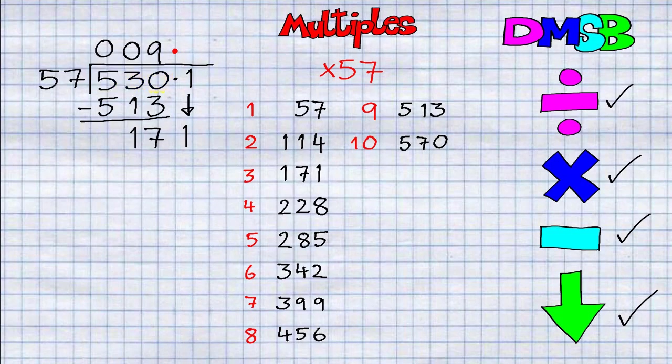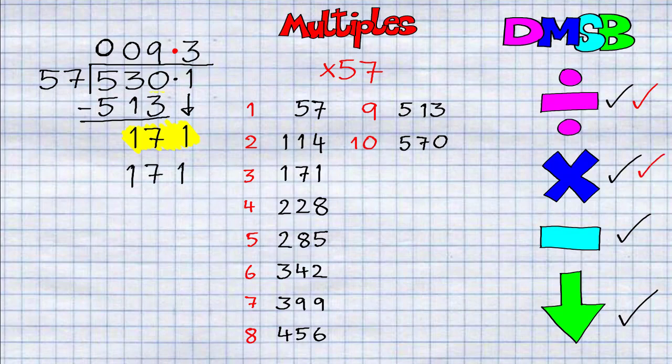So next, because we've gone through the 4 steps, we have to come back and start again. So let's look at divide. This time we're dividing the divisor into 171. We know from our multiples that it will go in 3 times. So we can put a tick beside our division symbol. Next we do our multiplication. So 3 multiplied by the divisor, 57, we know from our multiples is 171.